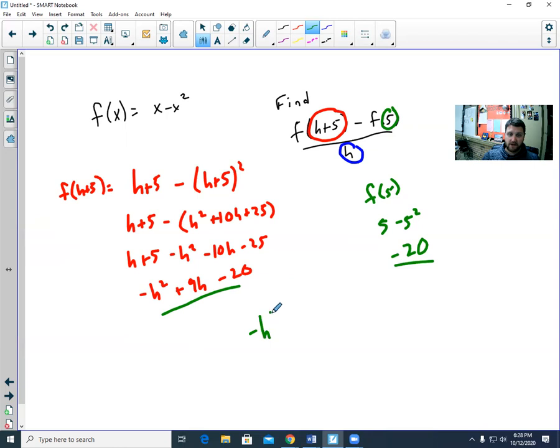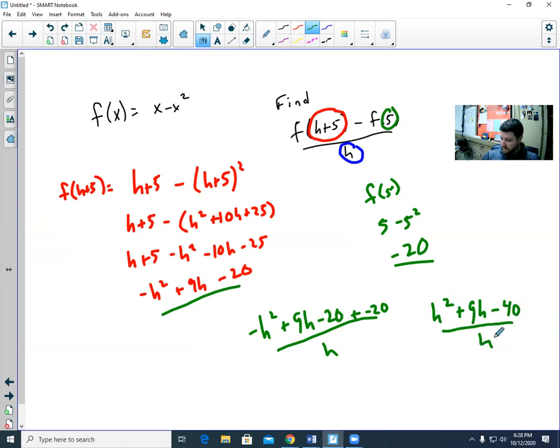So I have negative h squared plus 9h minus 20 plus negative 20 over h. So now I simplify as much as I can. So it's going to be negative h squared plus 9h minus 40 all over h. And I can't really do anything past this very much.